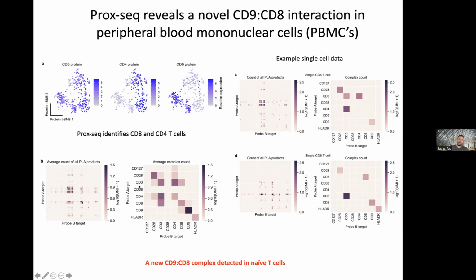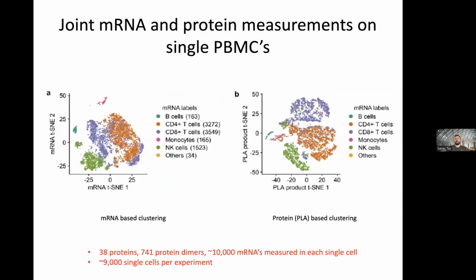And this is only like 8 protein targets, but nowadays we are performing experiments with 100 protein targets, leading to 5,000 dimer measurements. So these are single PBMC cells. This is a blood cell, like white blood cells. It's a cocktail of different cell types containing B cells, CD4 T cells, CD8 T cells, monocytes, and so on.